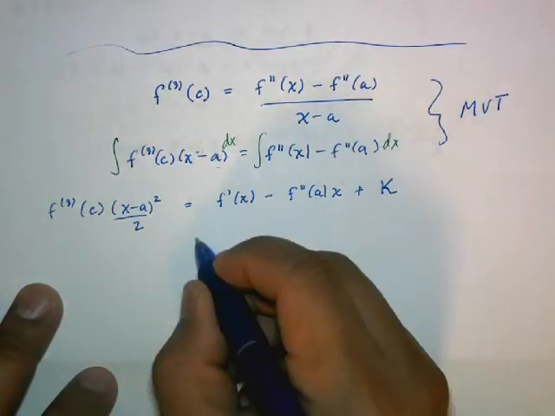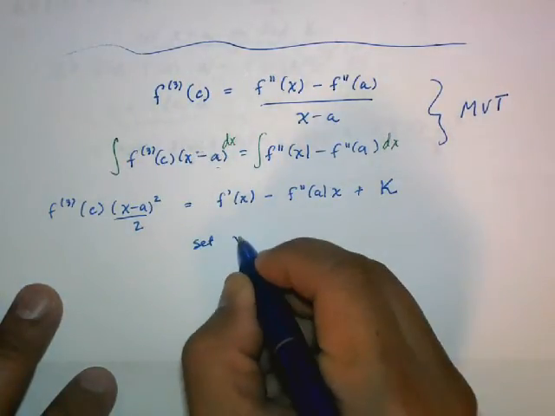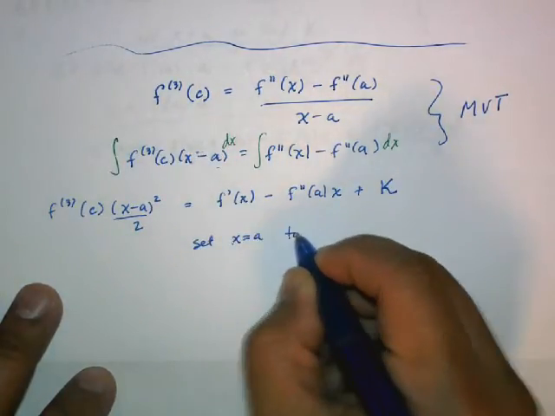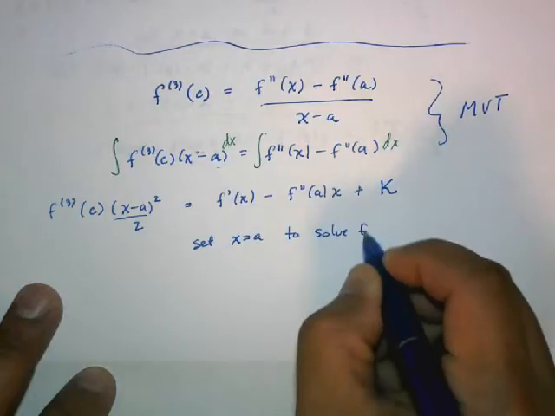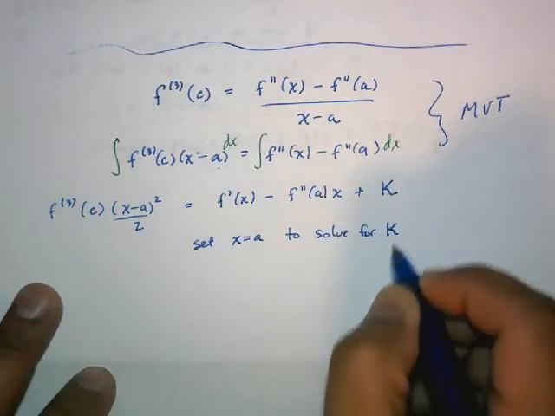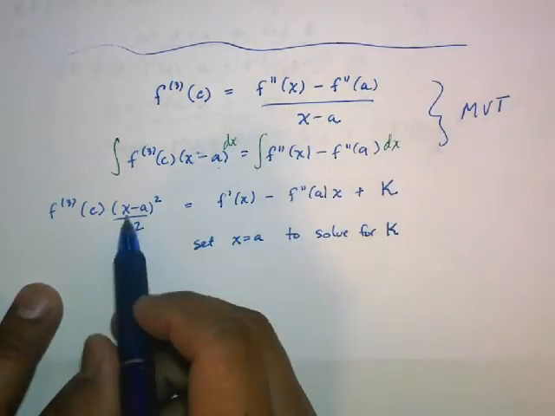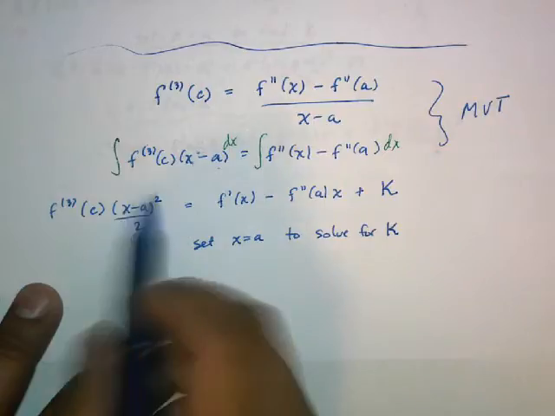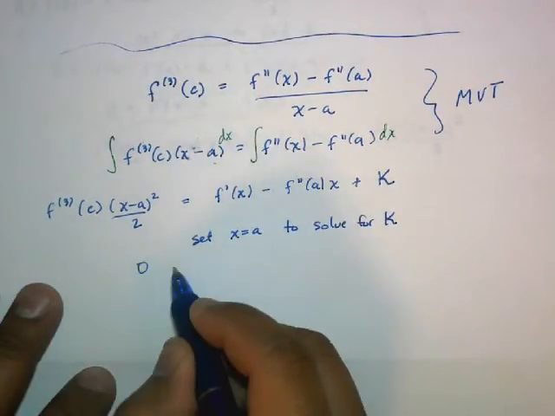Now to solve for k, we set x equal to a. And when I do that, if I put a in here for x, this whole thing goes away and I end up with 0.